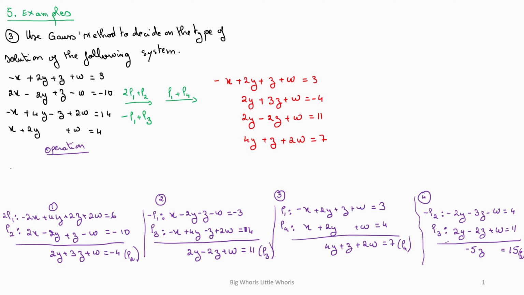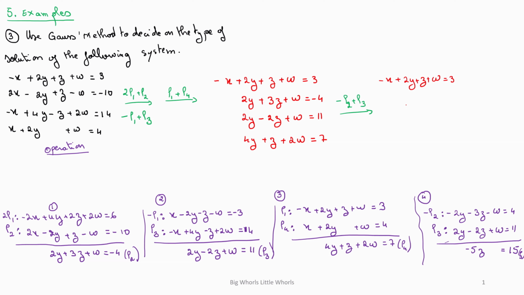Let me write as we go on. I have done here minus row 1, row 2 plus row 3. So minus x plus 2y plus z plus w equals 3.